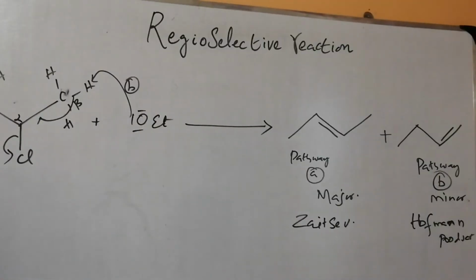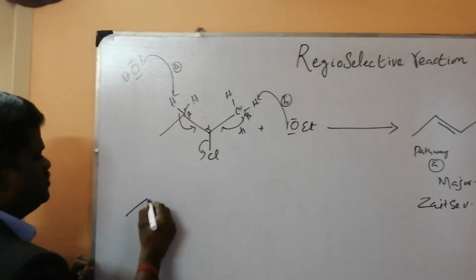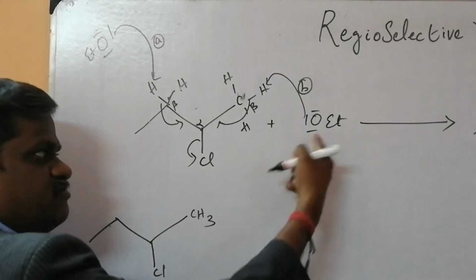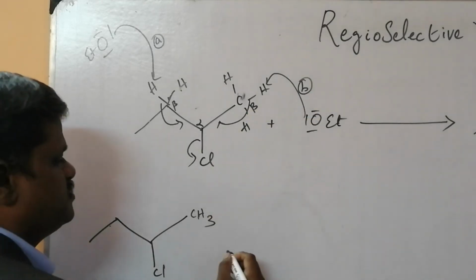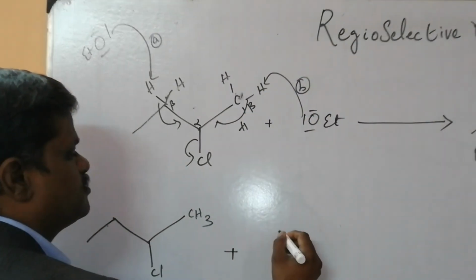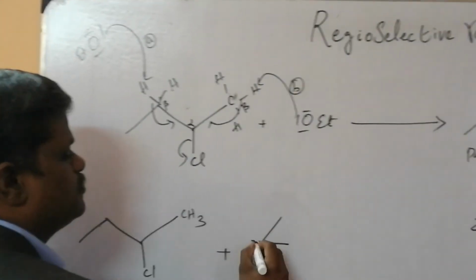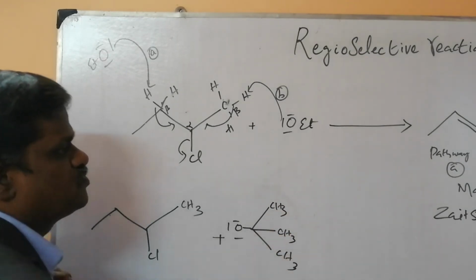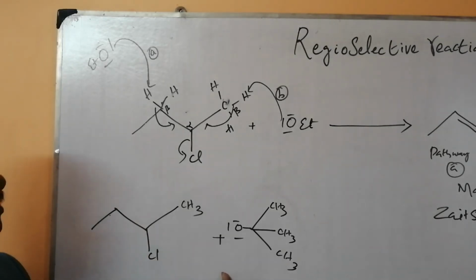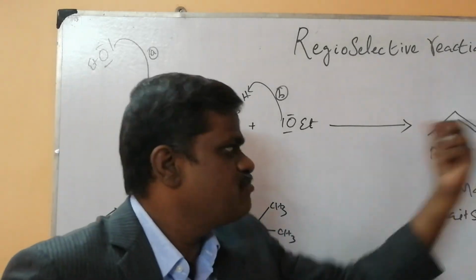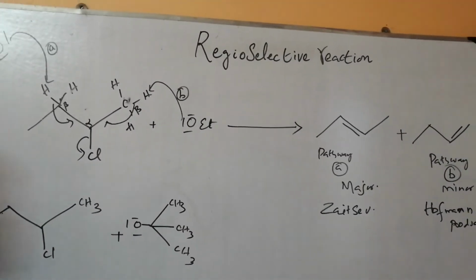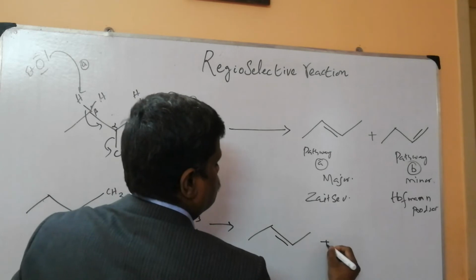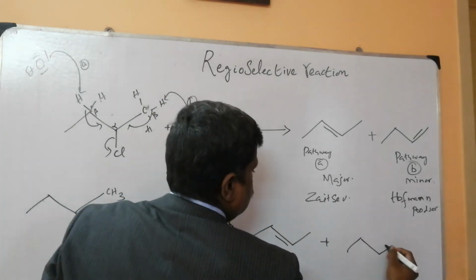Now I will take the same substrate, and if I react with a different base, like the bulkier base, tertiary butoxide, we will get the same products, but the proportion will be different.